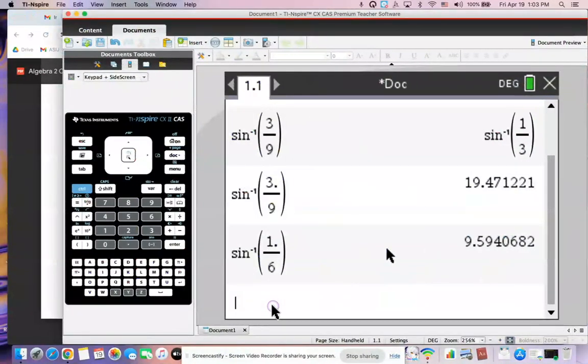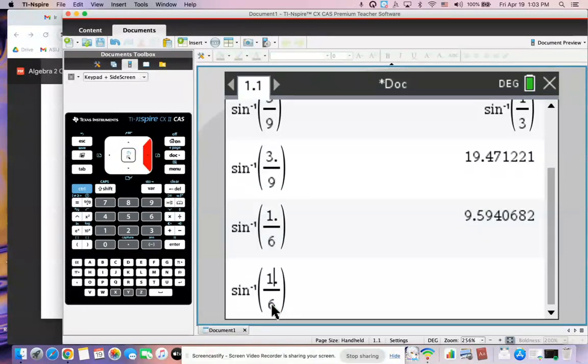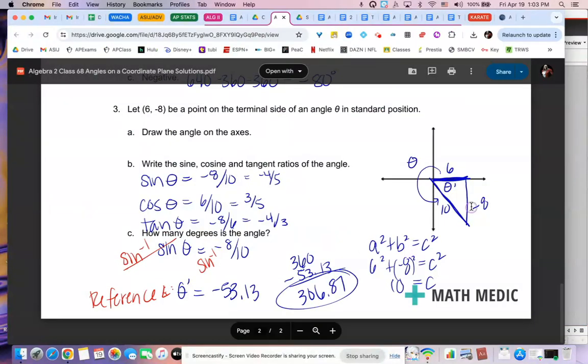Let's try it. If I do negative 8 over 10 and take the inverse sine of that, you see how this gives me a negative number for my angle? The calculator knows that it's down here in the fourth quadrant, and that the angle you're looking at is negative 53.